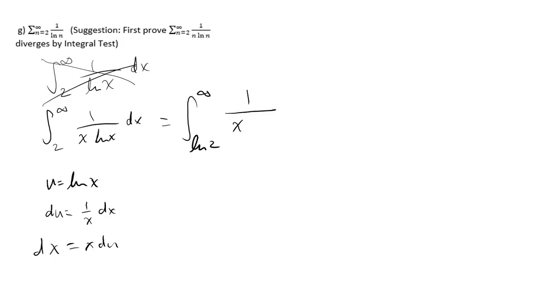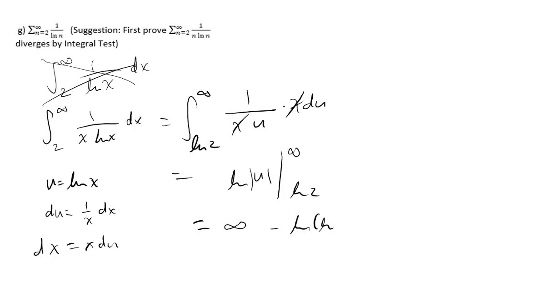You have 1 over x times u, and then x times du, x cancels, and 1 over u integrates to ln of u. You're plugging in infinity and 2: when you plug in infinity, it gives you infinity, minus ln of 2, which is some finite value.